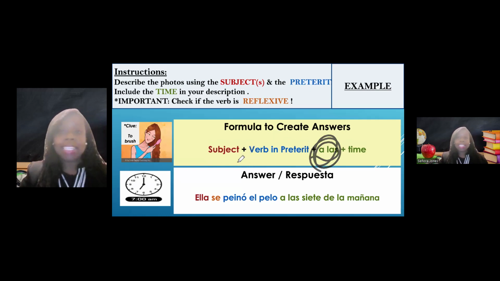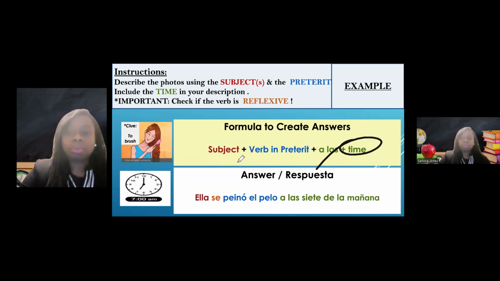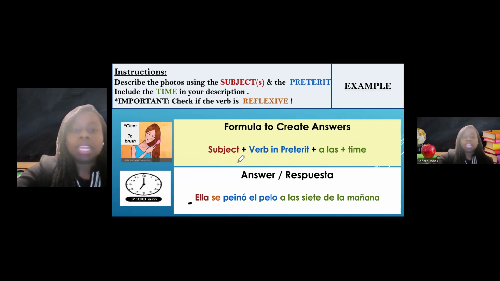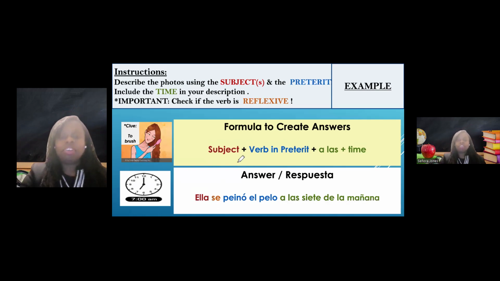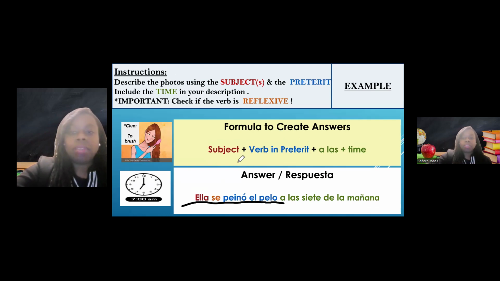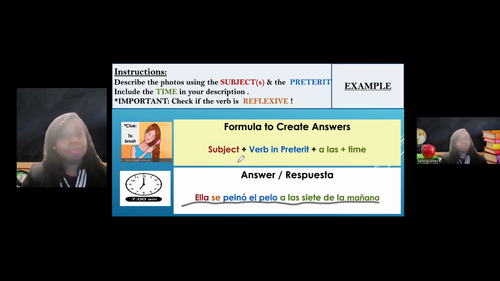We have the phrase for et that we use with time and then the actual time. The answer becomes ella se peinó el pelo a las 7 de la mañana, adding in that reflexive pronoun se in front of our conjugated verb.